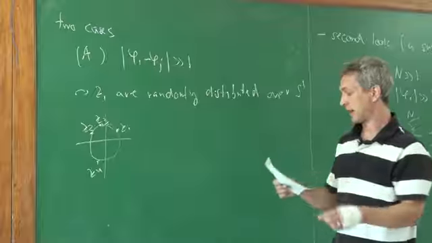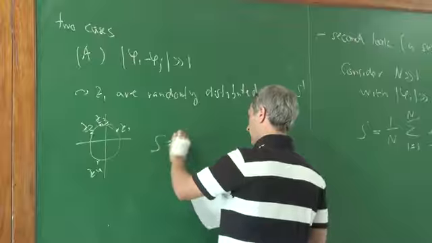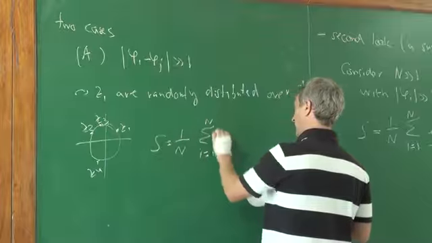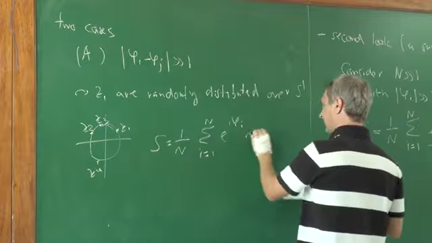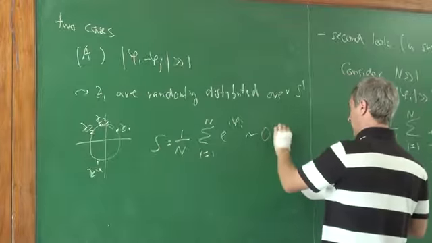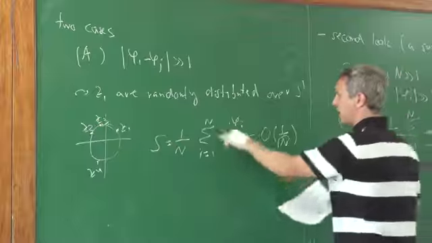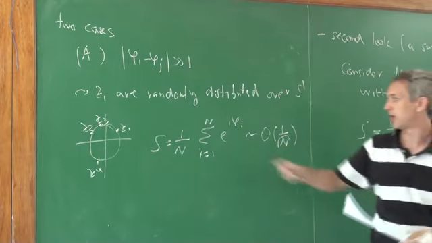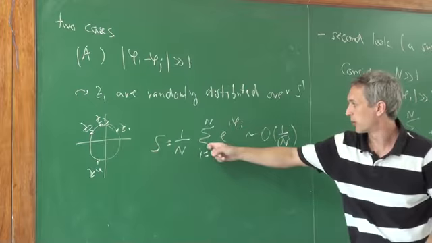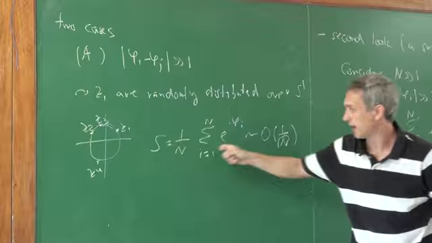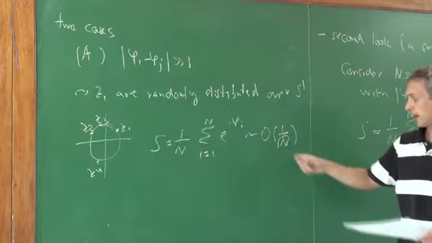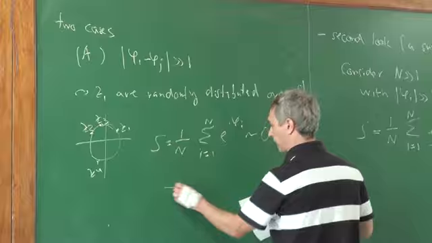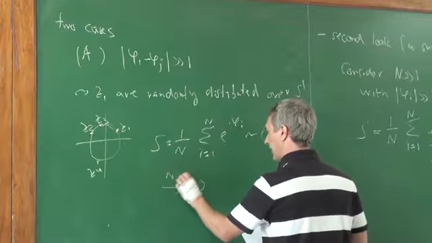So this means that the sum of these random phases will typically be of the order of square root n. If I take them just random, they are maybe Gaussian distributed with a typical width given by square root n. So this will give me a contribution of square root n, and I have the normalization factor, so this will give me a contribution of the order of 1 over square root n, which goes to 0 in the limit n to infinity.